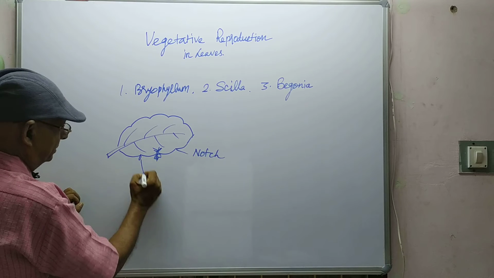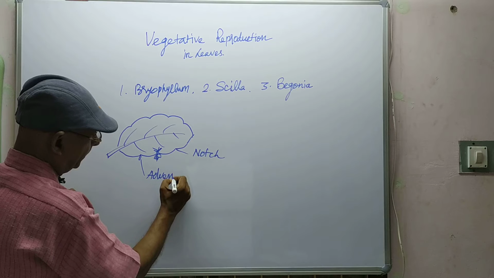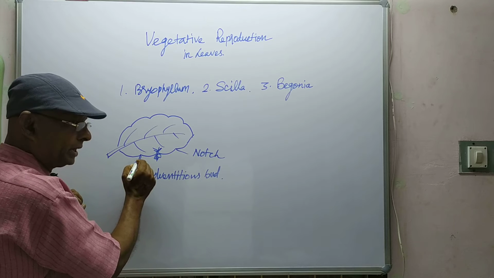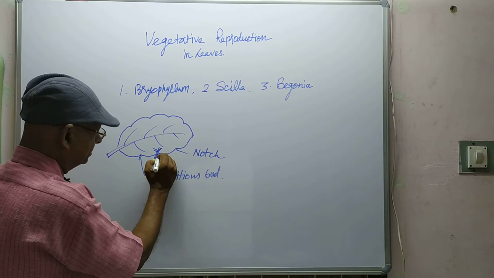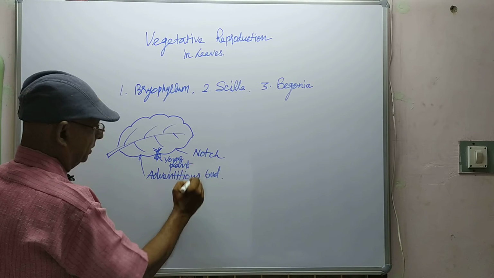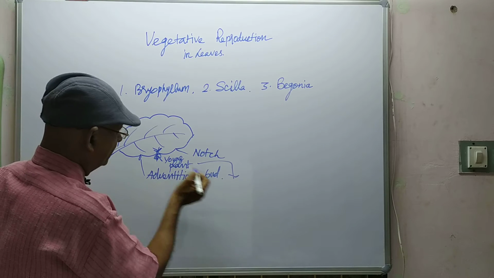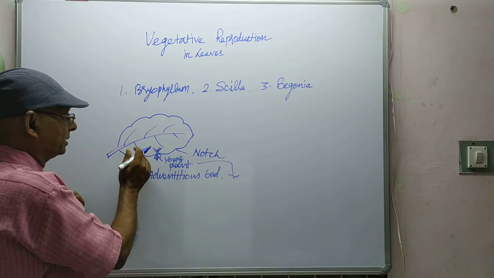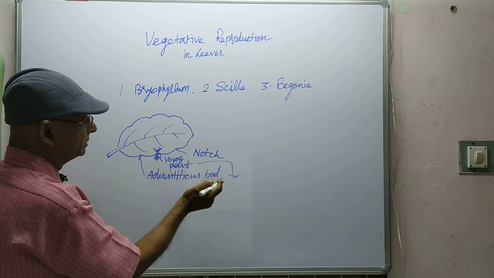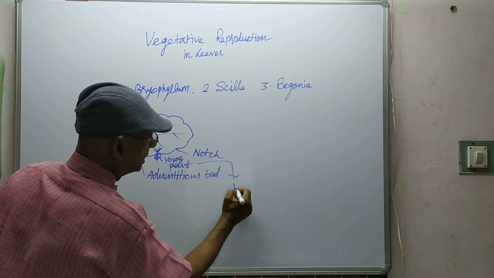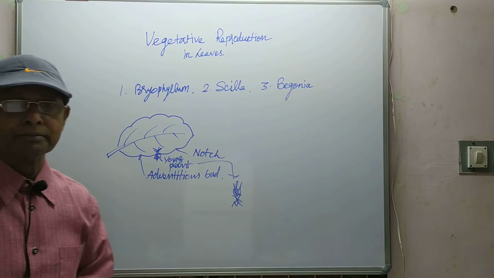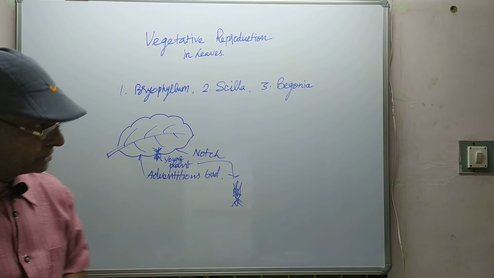This is the adventitious bud. The adventitious bud grows into a very young plant. This young plant falls away from the parent leaf, falls on the ground and grows into a new plant. This is the means of vegetative reproduction as far as Bryophyllum is concerned.